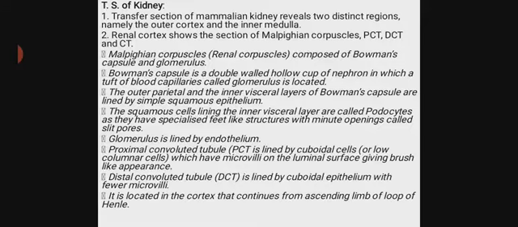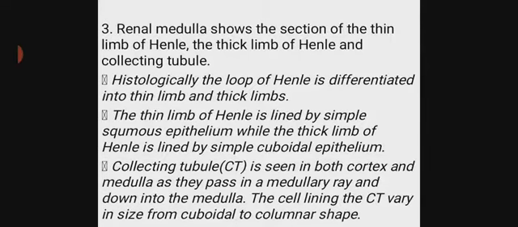It is located in the cortex, and continues from the ascending limb of the loop of Henle, that is HL. The renal medulla shows sections of the thin limb of Henle, the thick limb of Henle and the collecting tubule. Histologically, the loop of Henle is differentiated into thin and thick limbs.